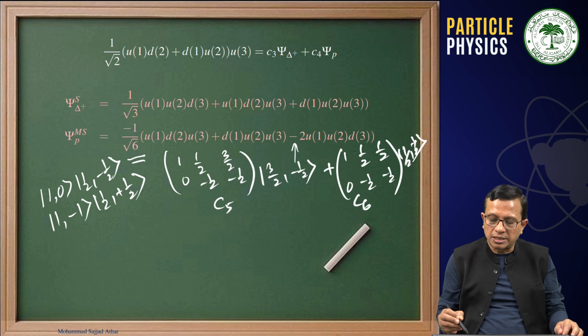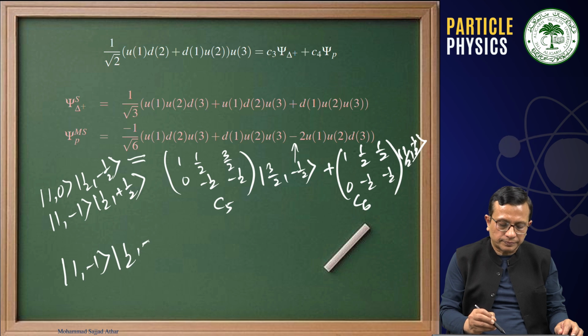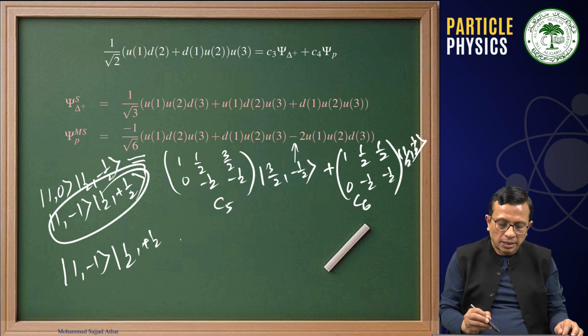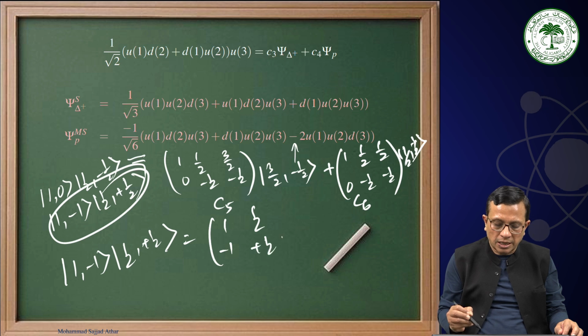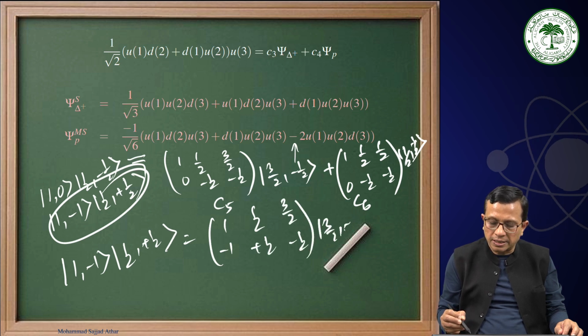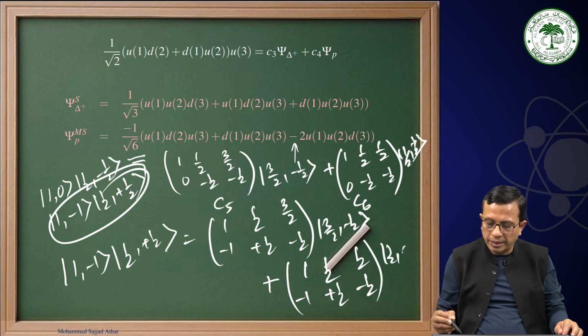say C5, this is C6, and then for 1, -1 with half, +half, we are getting 1, -1, half, +half, 3/2, -half, plus 1/2, half, half, -1, +half, -half, half, -half.